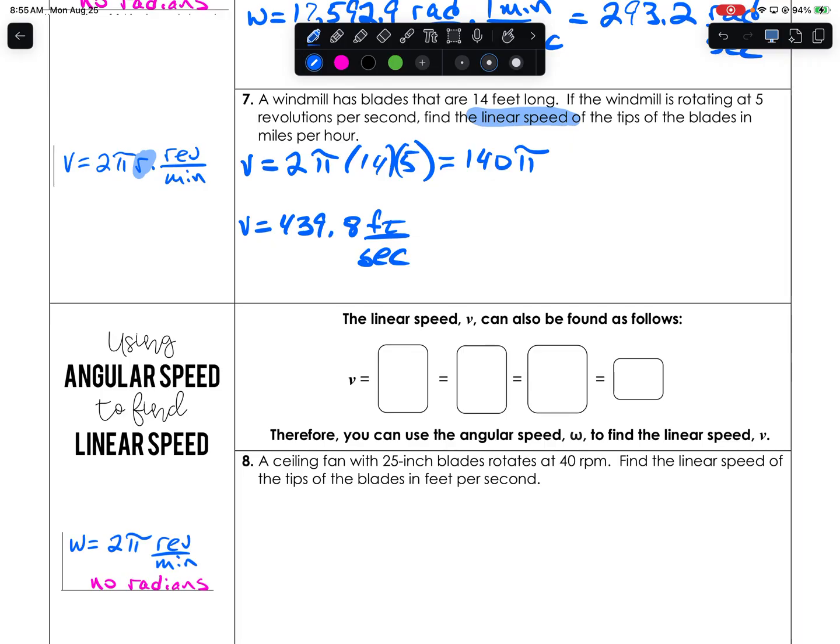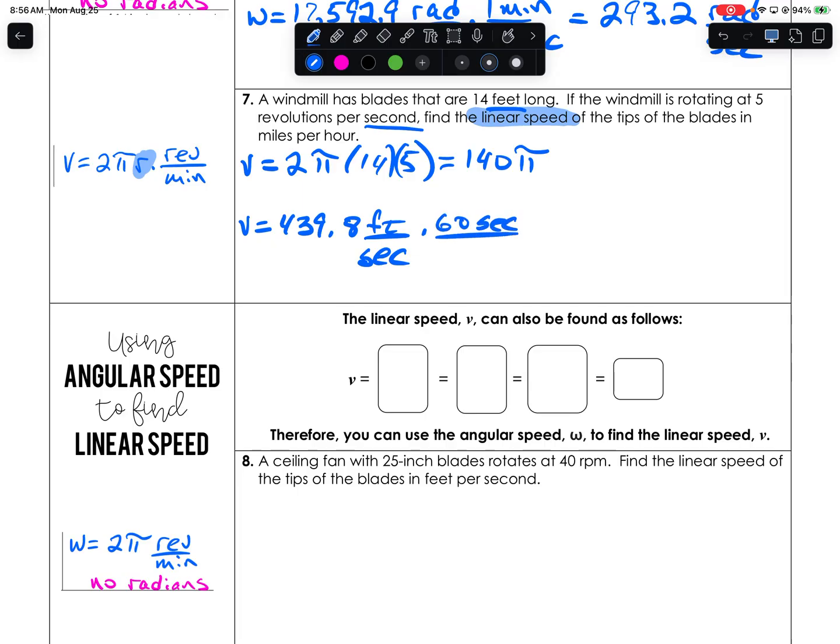So it's in feet per second, because it was revolutions per second, and it was that many feet long. So we want to get it to miles per hour. So you can do 60 seconds. You can do these in any order.